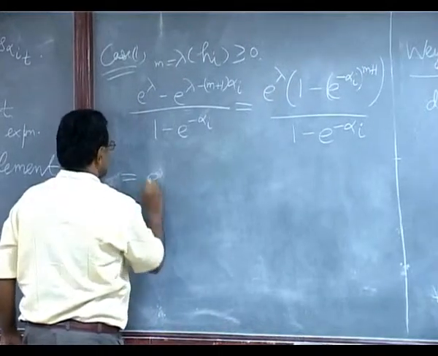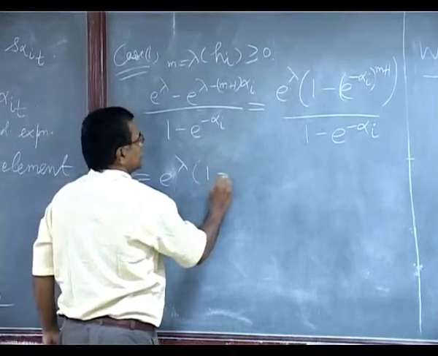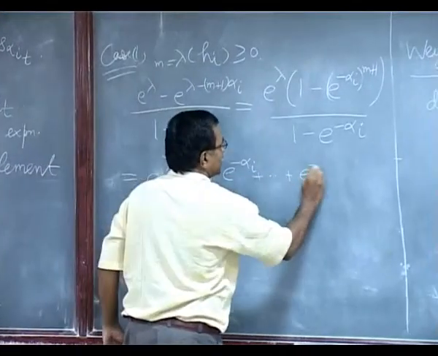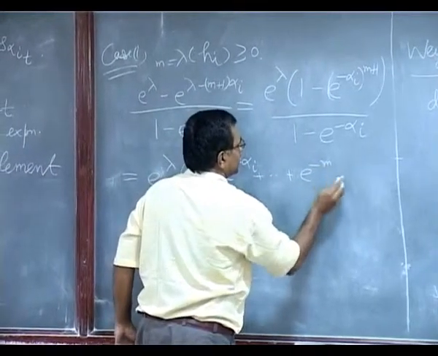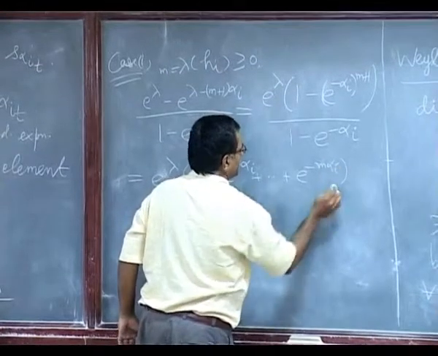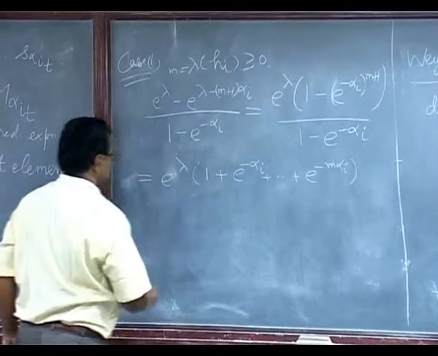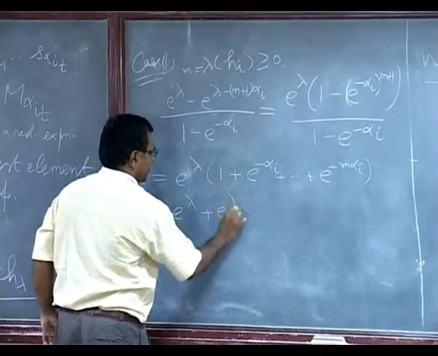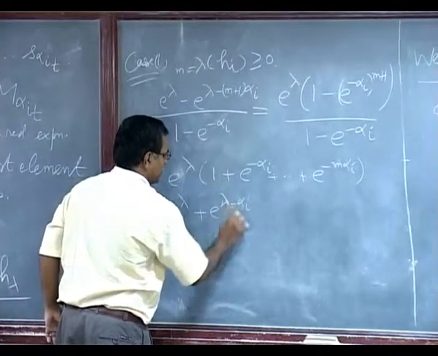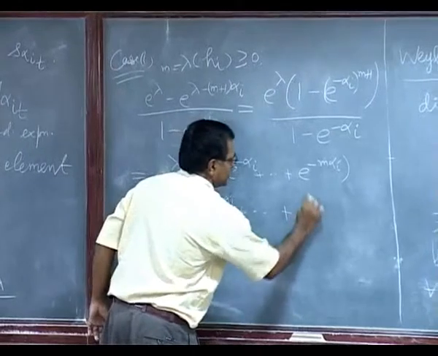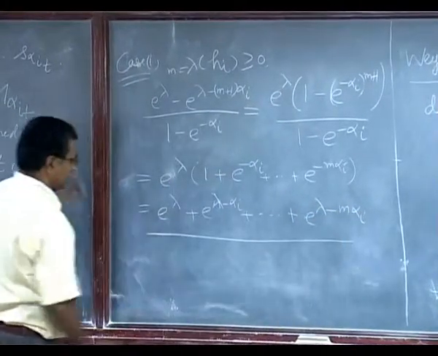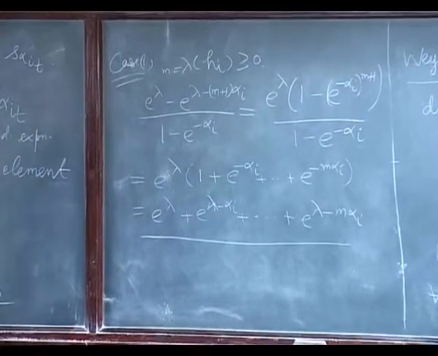Therefore, this is same as e^lambda times 1 plus e^{minus alpha_i} plus up to e^{minus m alpha_i}. This is same as e^lambda plus e^{lambda minus alpha_i} up to e^{lambda minus m alpha_i}.